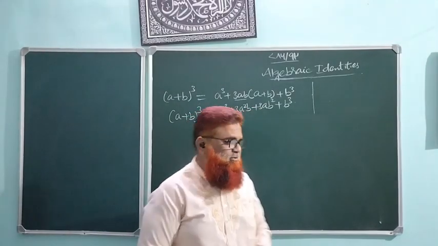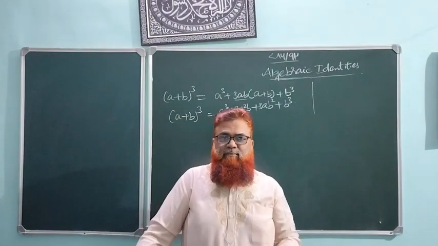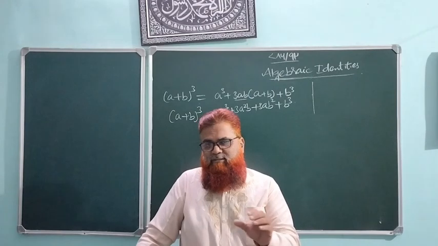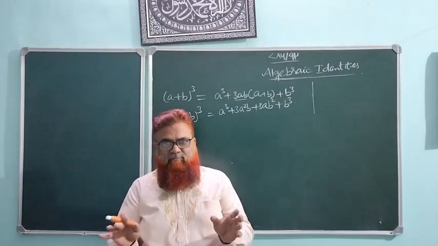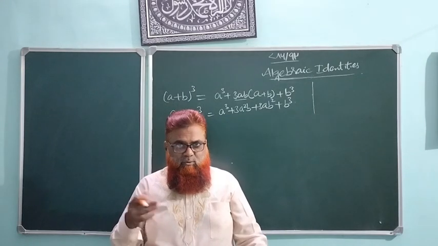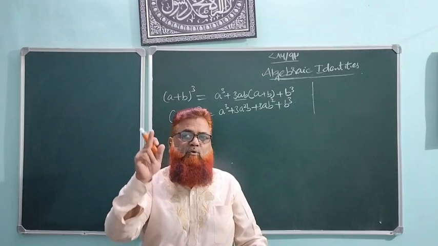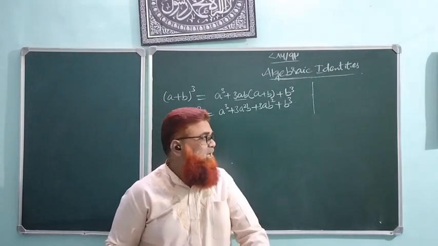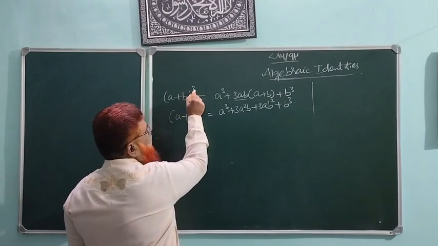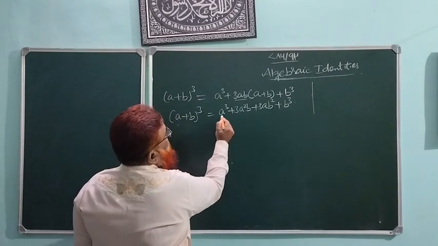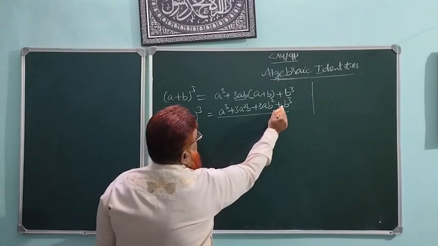One thing you are observing. In my last video, I told you that whenever we raise the power to the sum of two terms, the expansion gives one more term than the power. For example, see (a + b) raised to the power 3. Here we get 4 terms: 1, 2, 3, 4.